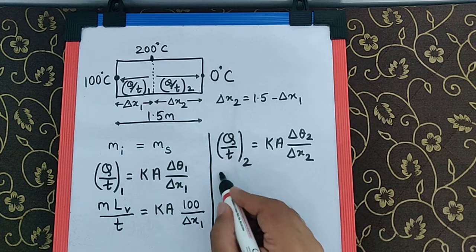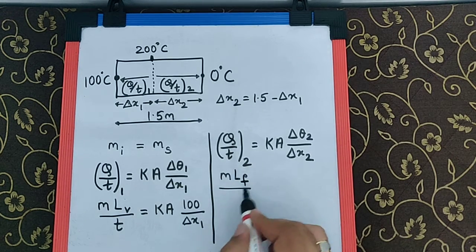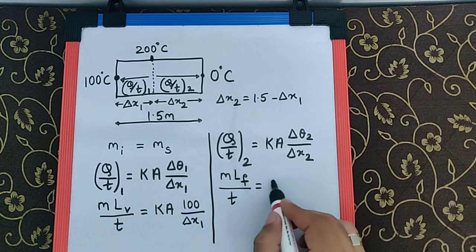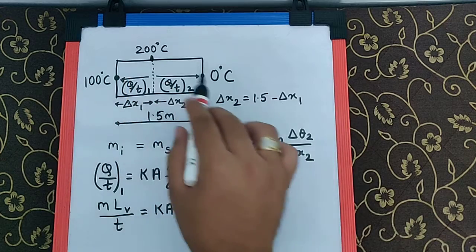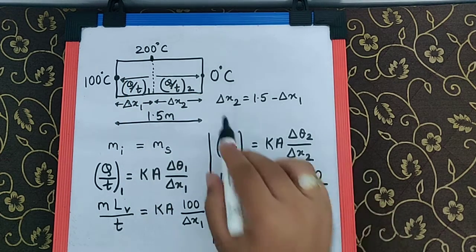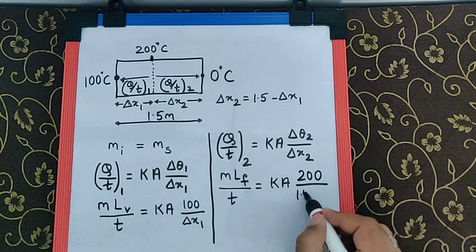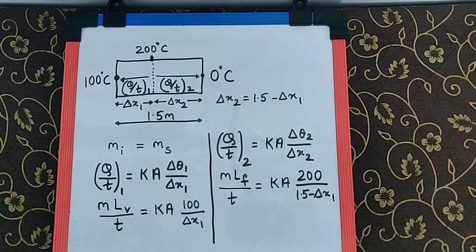So over here we are going to have mass into latent heat of fusion upon the time T is equal to K A. The change in temperature is 200 minus 0, which is 200, and delta x2 is 1.5 minus delta x1. Now if you understand over here, the mass and time, thermal conductivity and area of cross section in both the cases are going to be the same.